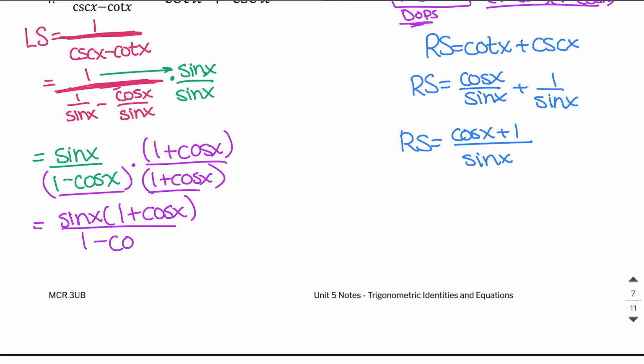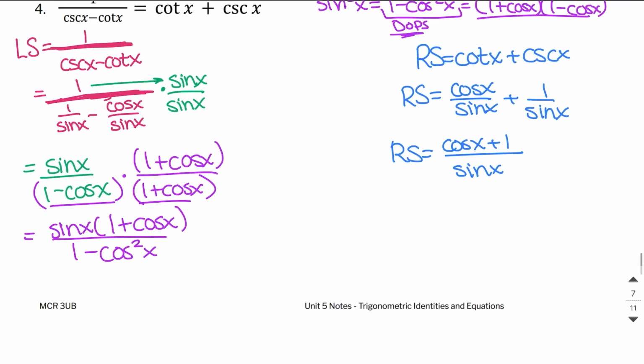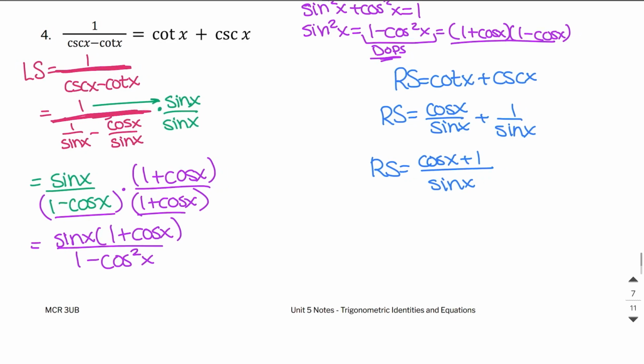When I expand this out, it becomes 1 minus cosine squared of x. So now I can say that this would be sine of x times 1 plus cosine of x. And we know that sine squared of x is equal to 1 minus cosine squared of x. So I can replace this 1 minus cosine squared of x with sine squared x.